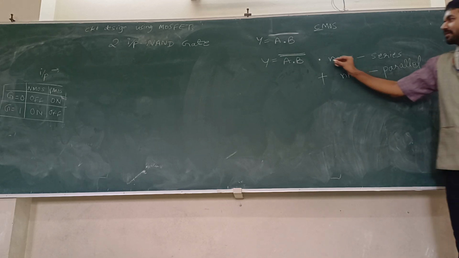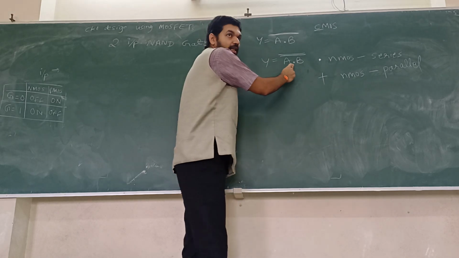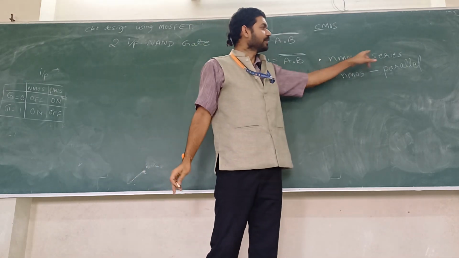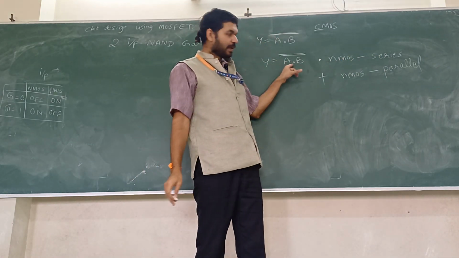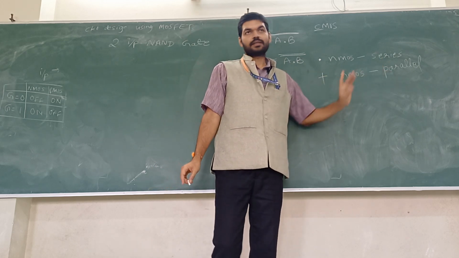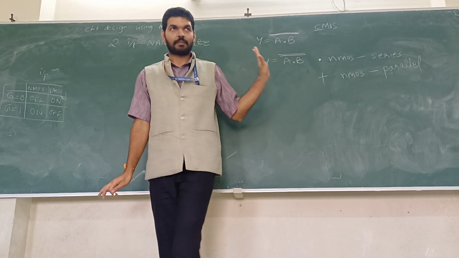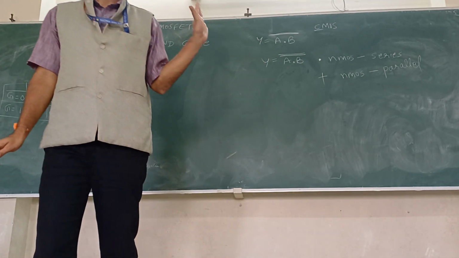If I have dot in the equation, NMOS should be connected in series. If I have plus in the equation, NMOS should be connected in parallel. You just remember this much.